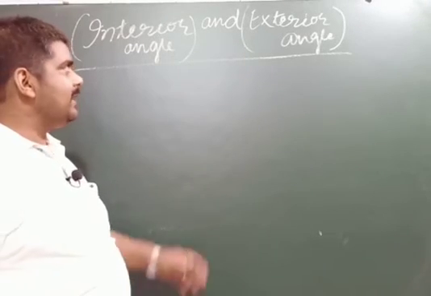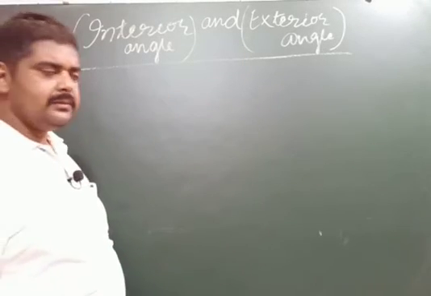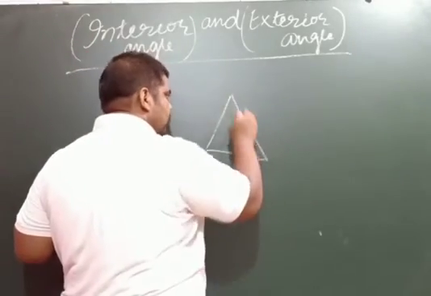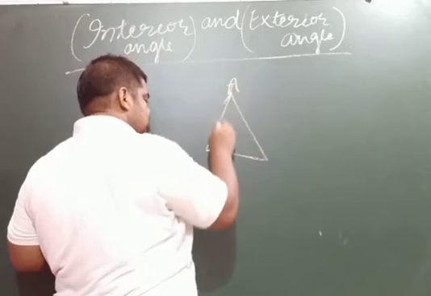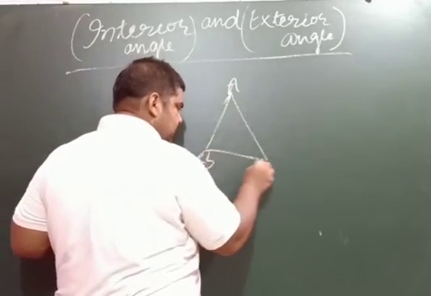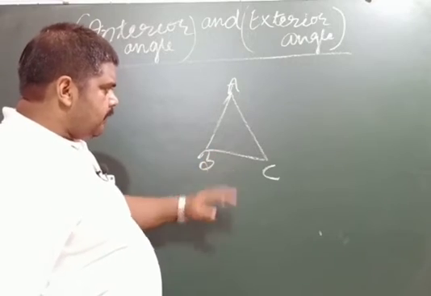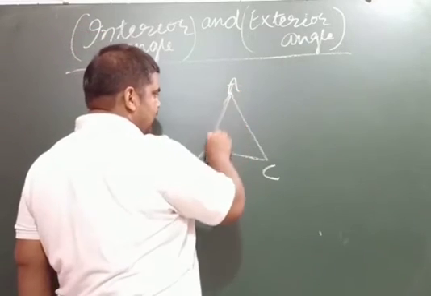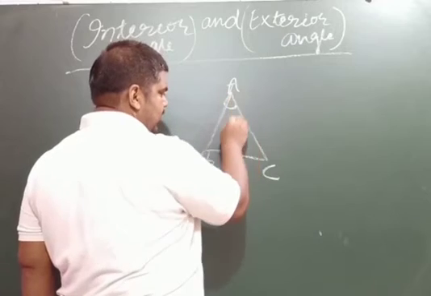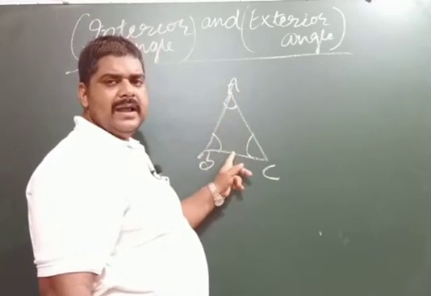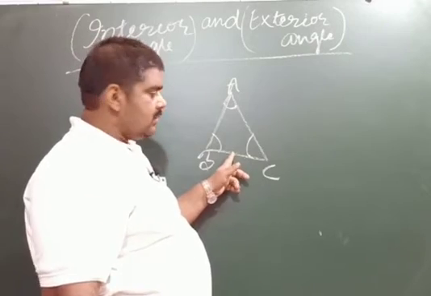My dear students, regarding interior and exterior angles, suppose the triangle is ABC. The angles formed inside these line segments, at A, B and C, are known as interior angles.